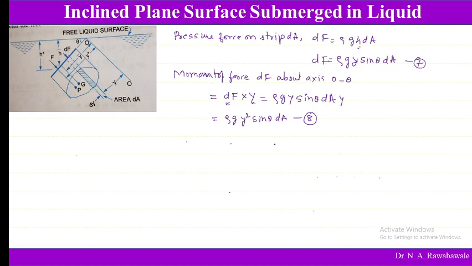And sum of all such moments. So this is the moment of small area. If we divide this complete area into small strips, to find out total moment we have to integrate this equation.